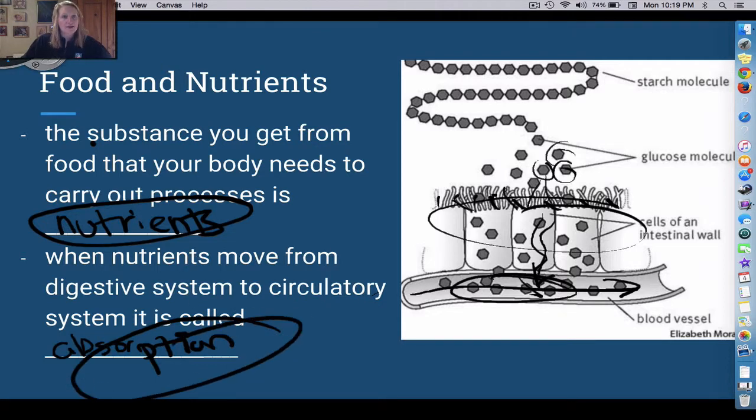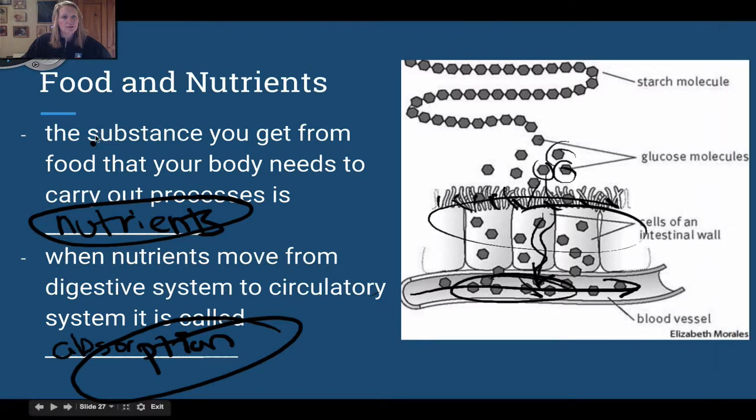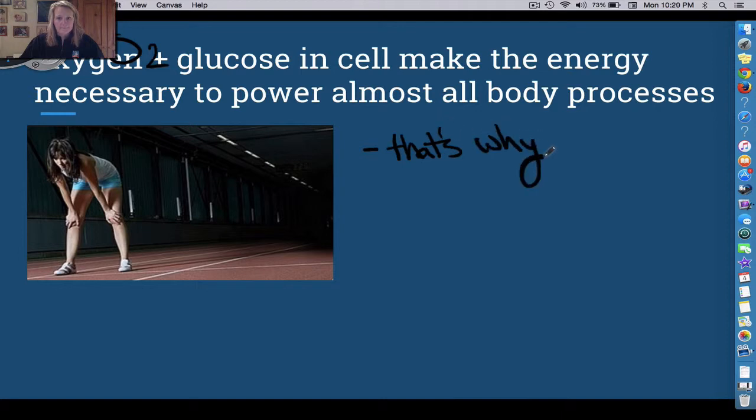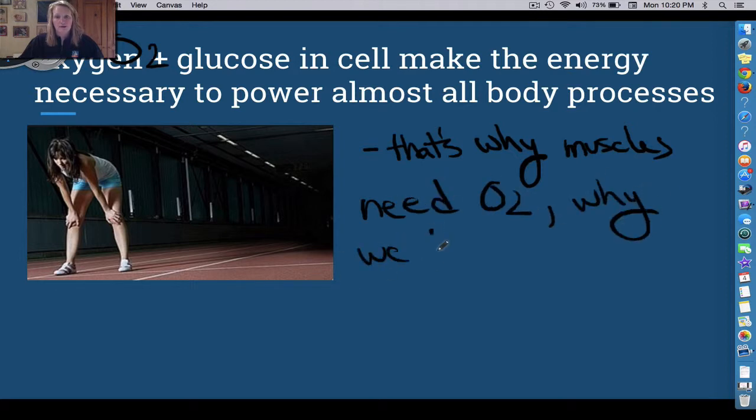And then talking about what are some of those foods and nutrients. Okay, oxygen and glucose. Oxygen and glucose in the cell make the energy necessary to power almost all of your body processes. Okay, that's why your muscles need oxygen and why we breathe harder when we're running or when we're working hard.